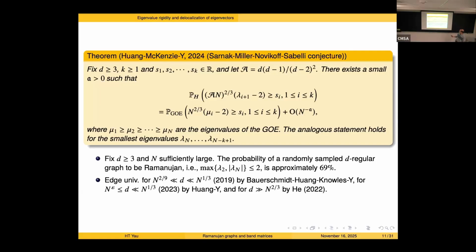The Tracy-Widom distribution can be computed explicitly, and then you find the probability is about 69%. So the bet of Peter Sarnak and Alon was 69% correct, and the rest are wrong.